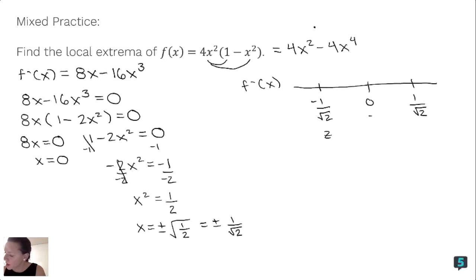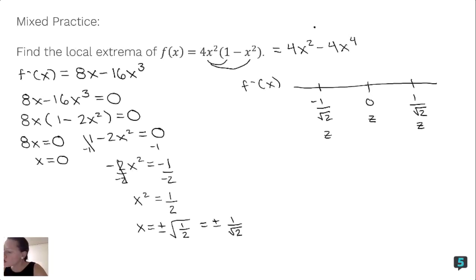And these each come from my derivative equaling 0. Is there anywhere here where my derivative doesn't exist? Nope. All right, so let's plug in some numbers.